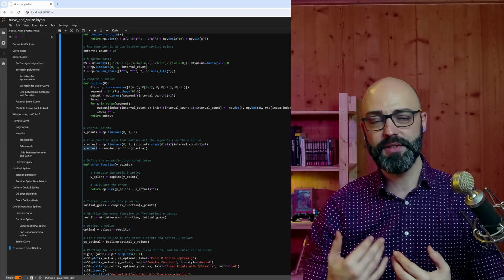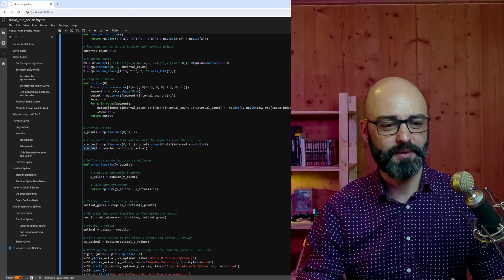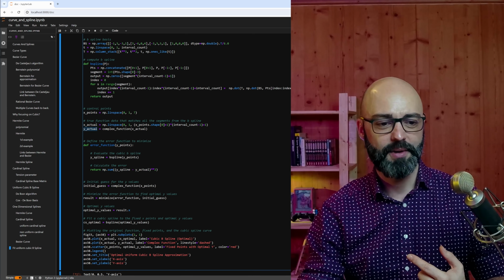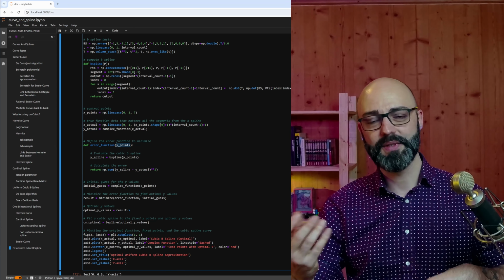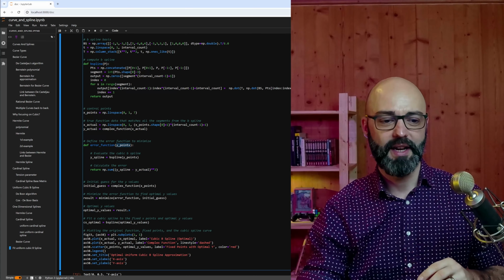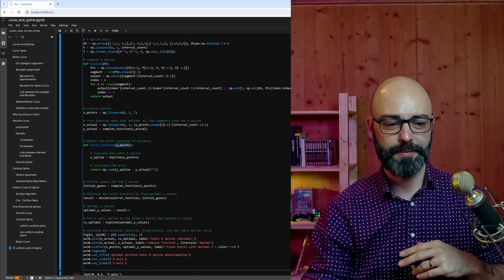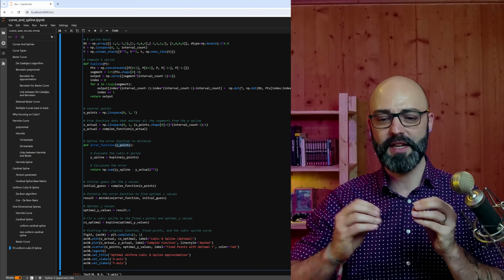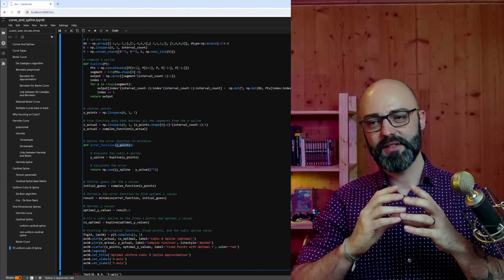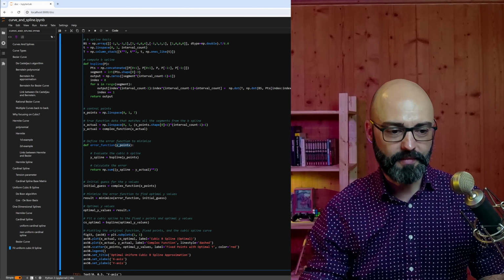And I have an error function that would just be a square error, a sum of squares. I get my points as inputs, which are really the control points of my B-spline. I compute my B-spline with it, and then I compute the sum of the squares error between the two. So it's the usual function you use to minimize an error.